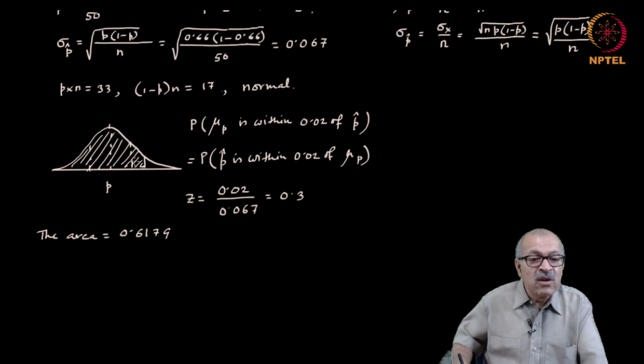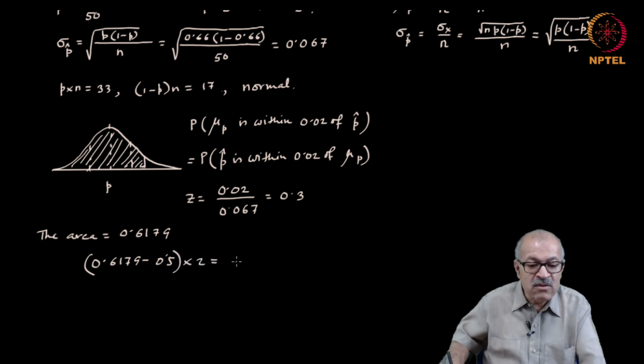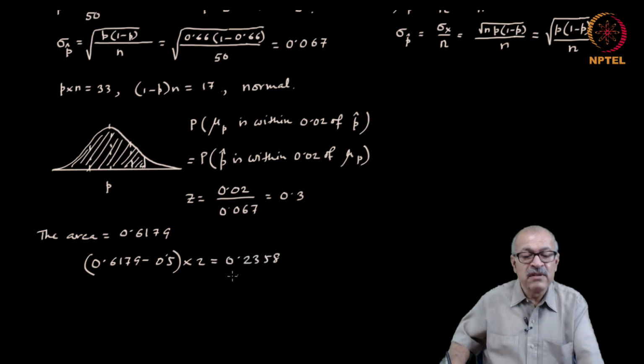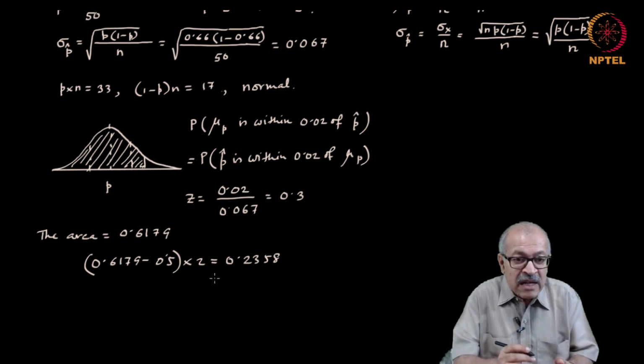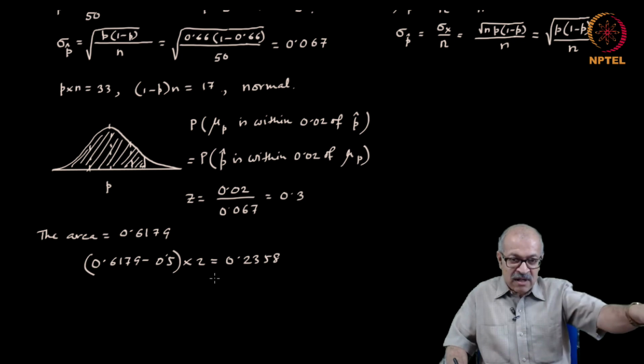So, from this area we subtract 0.5, so 0.6179 minus 0.5, thereby we get only this area, times 2. That turns out to be 0.2358.